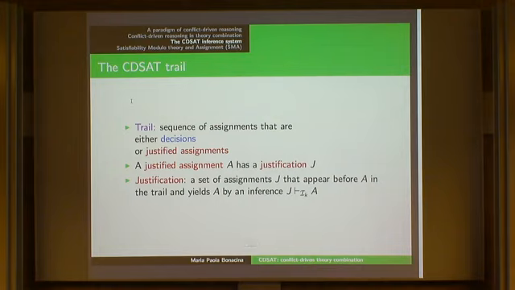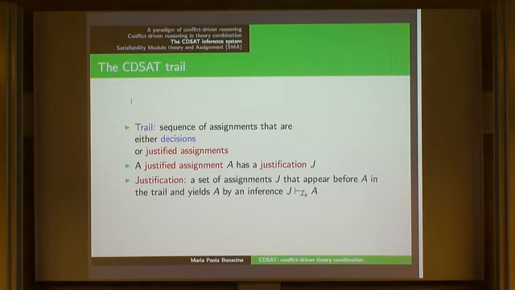Okay. Now, on the trail of CDSAT, what are we going to have? A trail is, as always in this kind of procedures, an ordered sequence of assignments. In CDSAT, we have two kinds of assignments, either decisions with the usual meaning as in CDCL, SMT, etc., or justified assignments. Justified assignments are those assignments that have a justification.